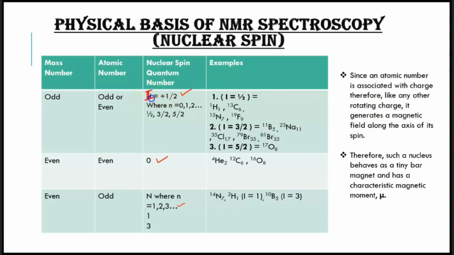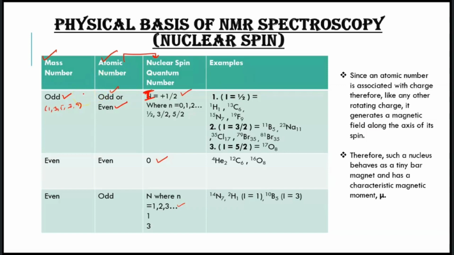The value of nuclear spin quantum number is I, not N. If the mass number is odd, that is 1, 3, 5, 7, 9, and the atomic number could be either odd or even, in that case you are going to have the value of nuclear spin quantum number in fraction, that is plus half, 3 by 2, 5 by 2.